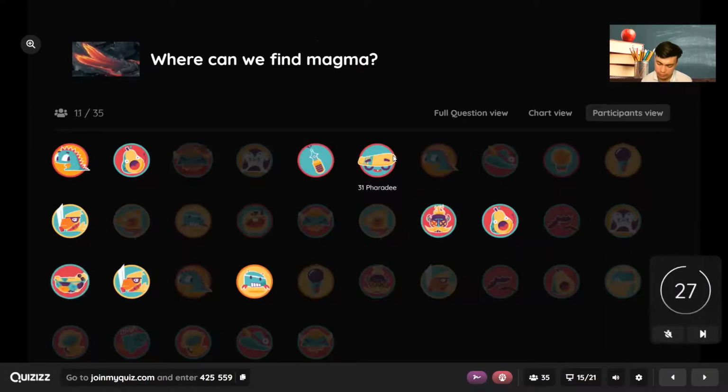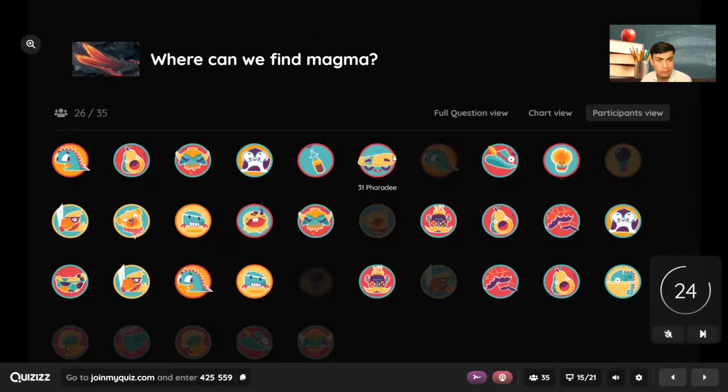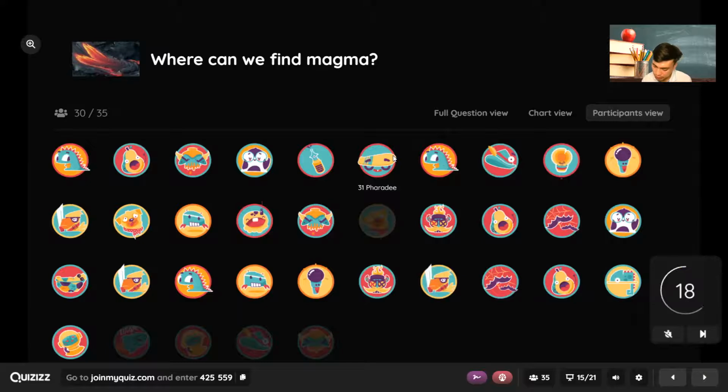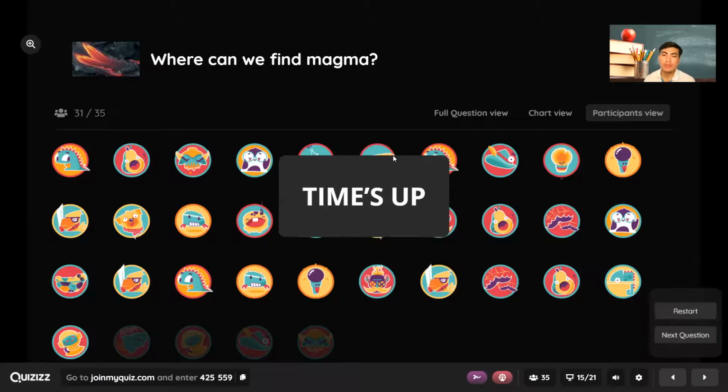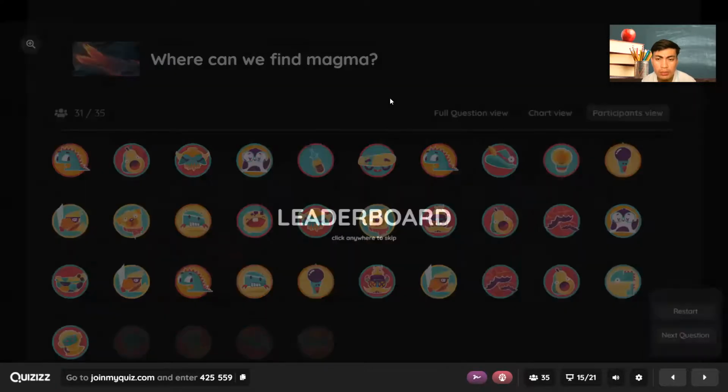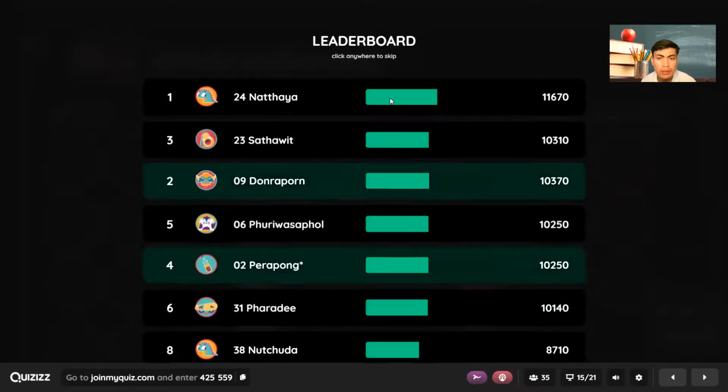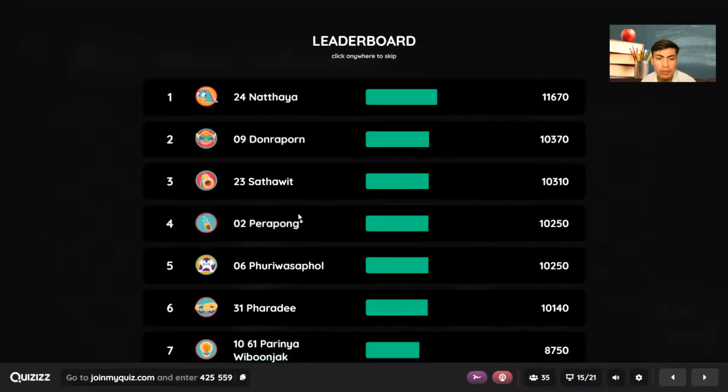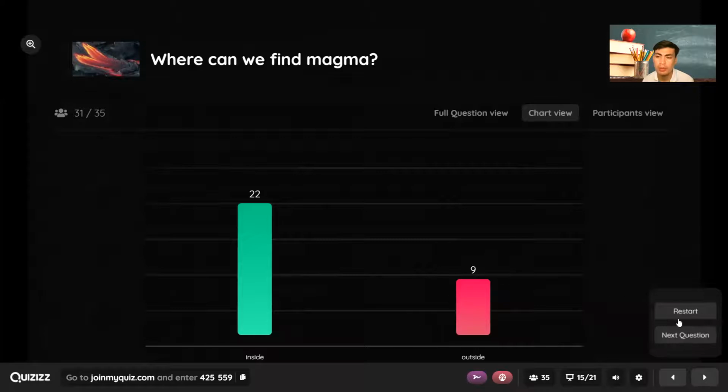Where can we find the magma? Okay, so let's take a look at the leaderboard this time. Okay, it's Nataya, followed by Don Rapon, Satawit, Pirapong, and Puriwasapol. All right.